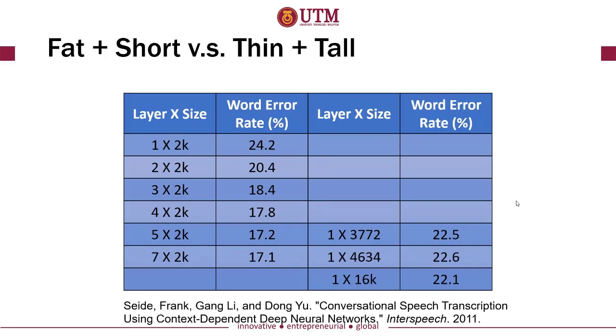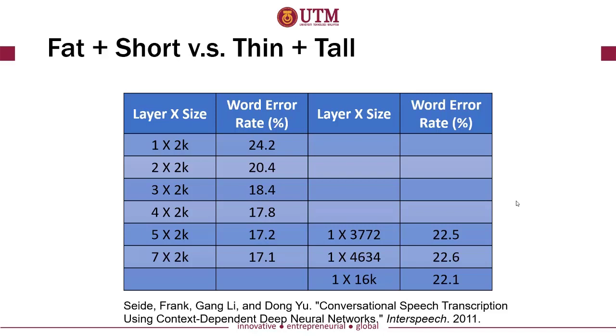Okay, let's take a look at this previous research done by Seide, Li, and Yu in 2011. The purpose of this study is to compare the shallow neural network and the deep neural network, or fat plus short versus thin plus tall.